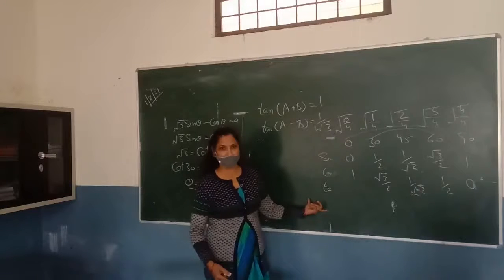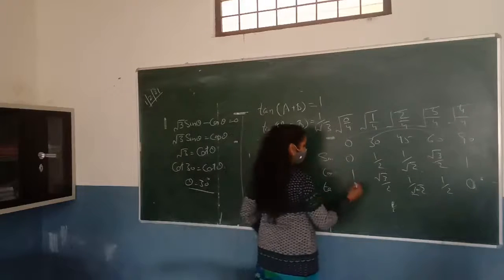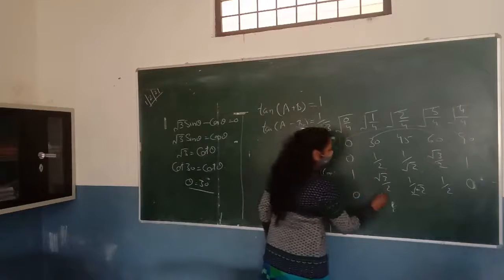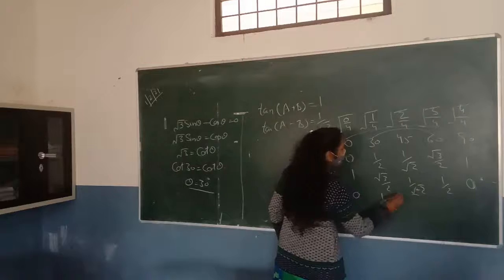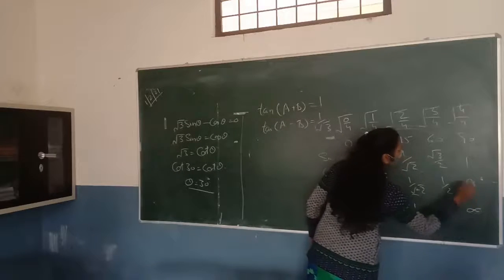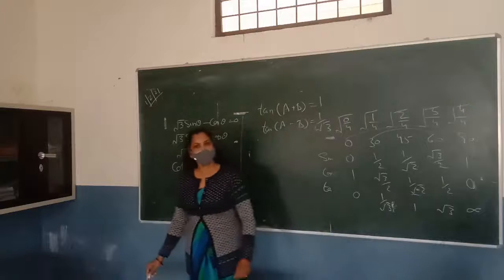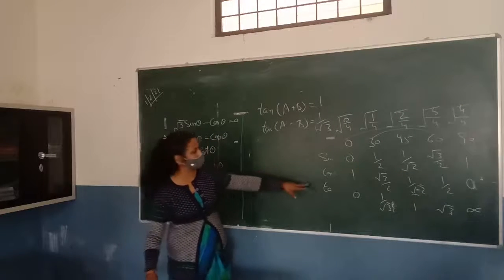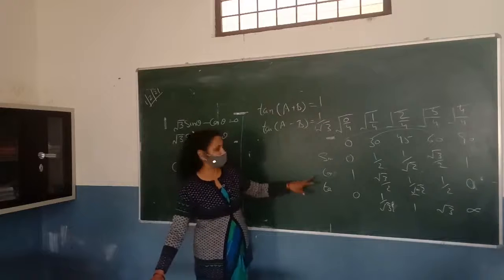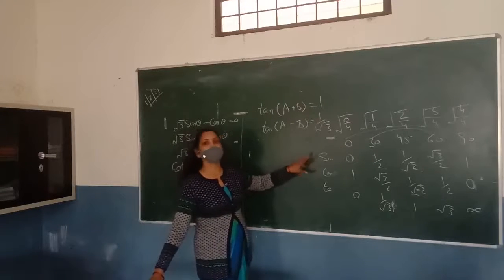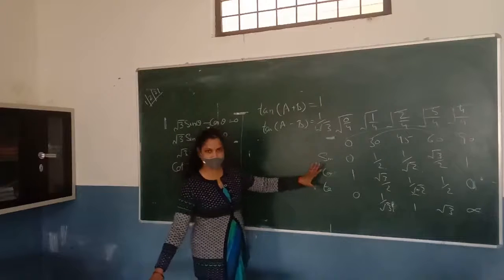So tan 0 is 0 upon 1, which is 0. Then 1 upon root 3, 1, root 3, and not defined. Cot is the reciprocal of tan, sec is the reciprocal of cos, and cosec is the reciprocal of sine. So it's really easy to learn the table.